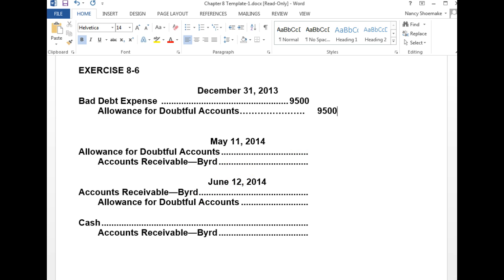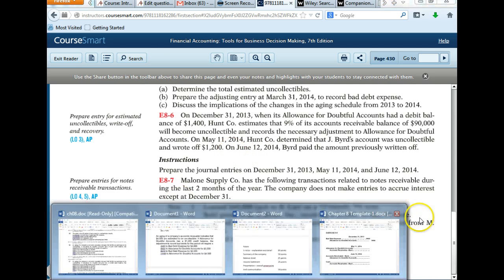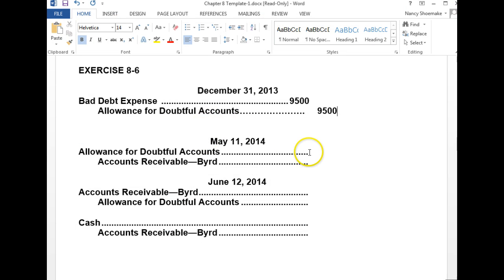Now if we go back to May 11th, Hunt determined that Jay Bird's account was uncollectible and wrote off $1,200. What are we going to do there? If the account is uncollectible, we're going to debit our allowance for doubtful accounts $1,200 and write off Jay Bird's accounts receivable for $1,200.